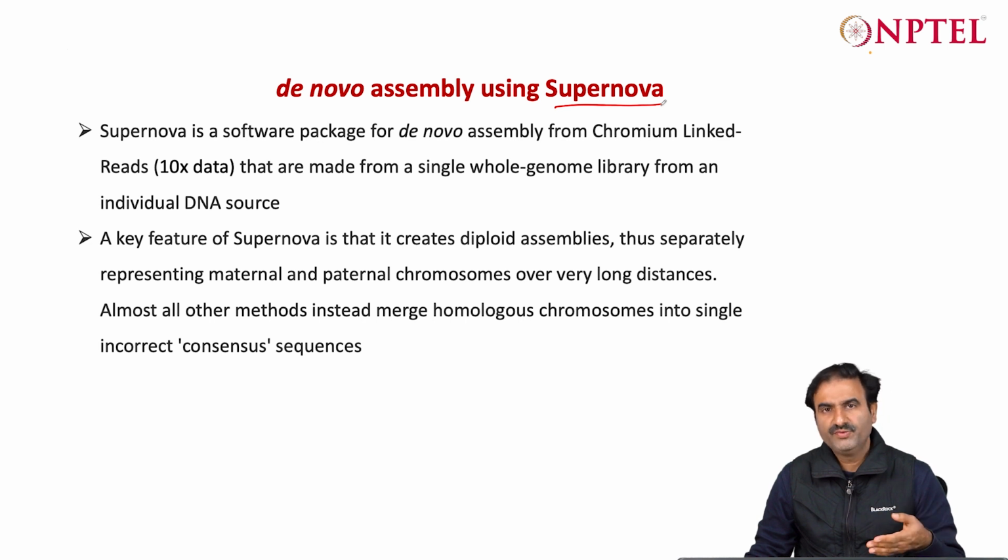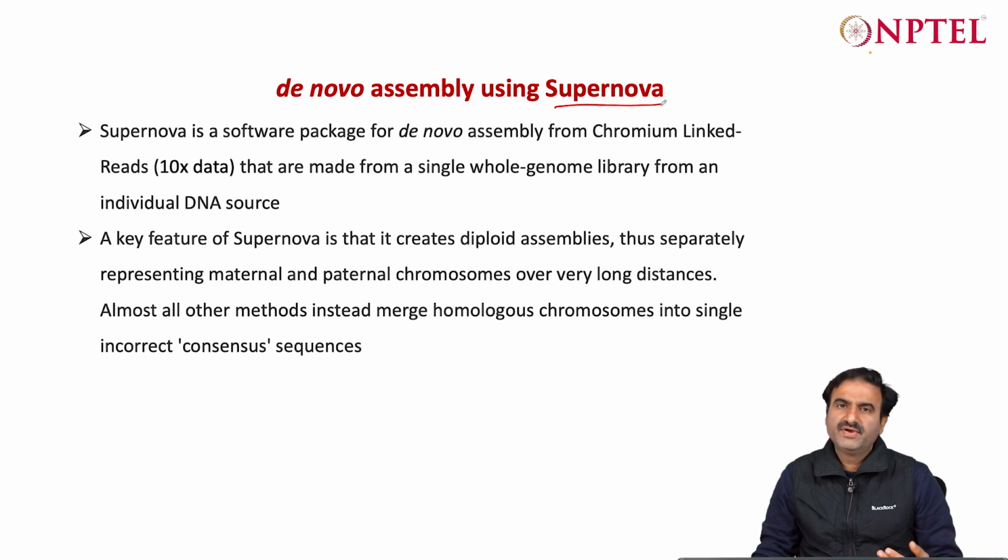You can use the 10x data if it is at least 60 to 70x of your genome. These are short Illumina reads only, and that may be sufficient to give you a good assembly.